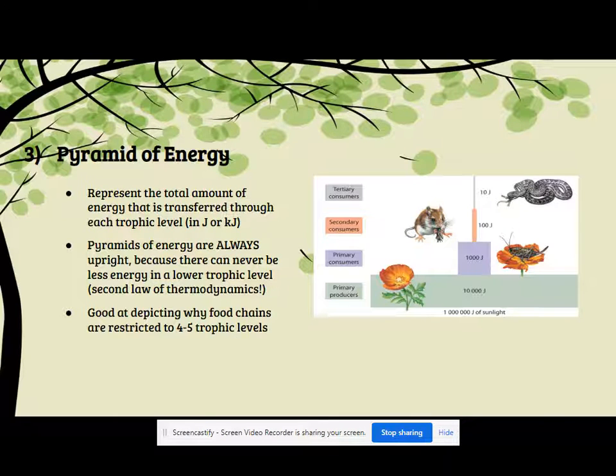This is a good reason why food chains can't have more than 4 to 5 levels, because anything that might want to snack on a snake would have so little energy, it would be very, very dangerous for that animal if the snakes went away. So there's only a few ecosystems that have 5 trophic levels.